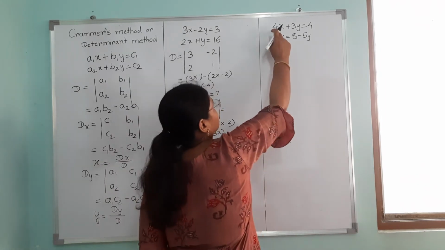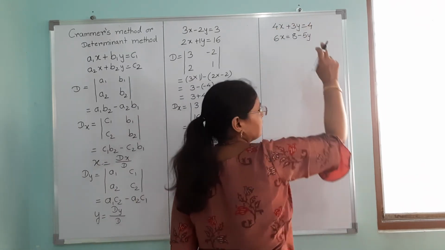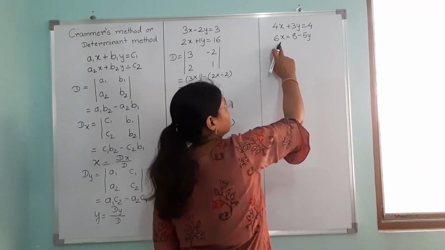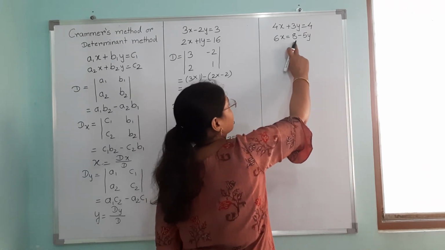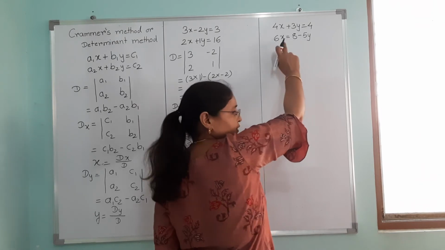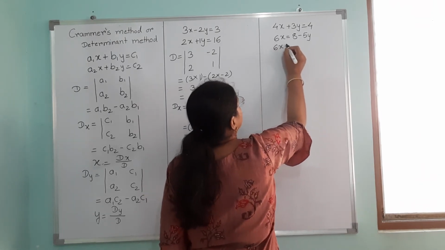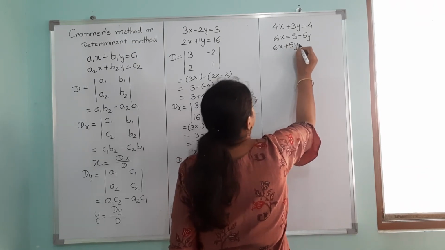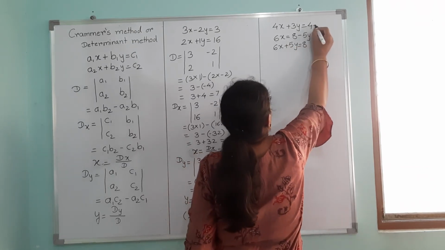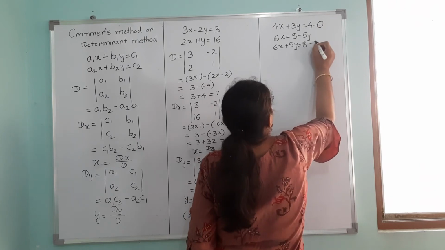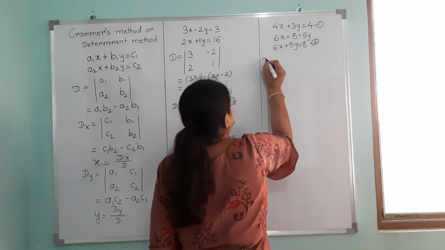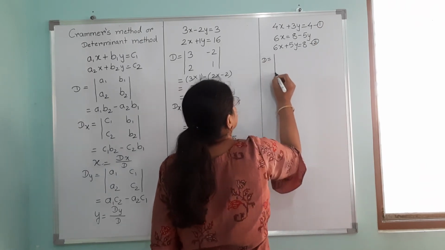In this, 4x plus 3y equal to 4 is the first equation. The second equation is given as 6x equal to 8 minus 5y. Let us first convert it into our regular form. That is 6x plus 5y equal to 8. Now this is equation 1 and this is equation 2. Firstly, we have to find the determinant.